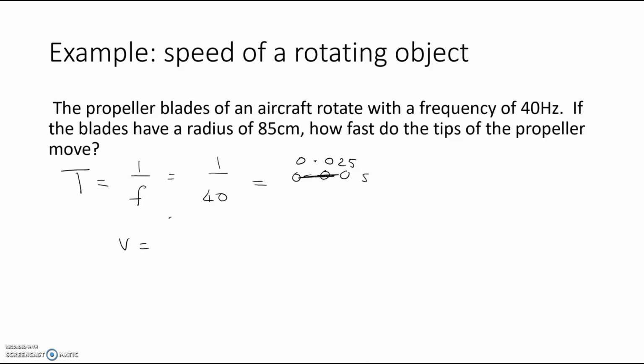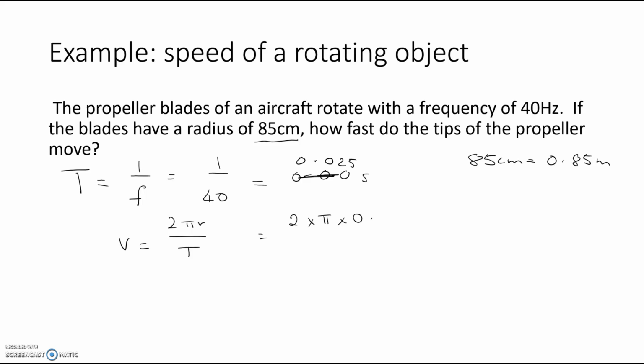Now the speed is going to be 2 pi r over T, which will be 2 times pi times, now 85 centimetres equals 0.85 metres.